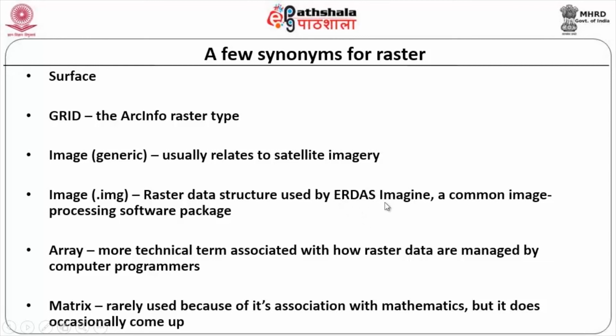You can enhance the data, suppress the data, manipulate the data, classify the data, one of the most efficient software as far as image processing is concerned. An array is more of a technical term associated with computers, how the raster data is managed. Matrix is rarely used because of its association with mathematics, but it does occasionally come up in raster data.